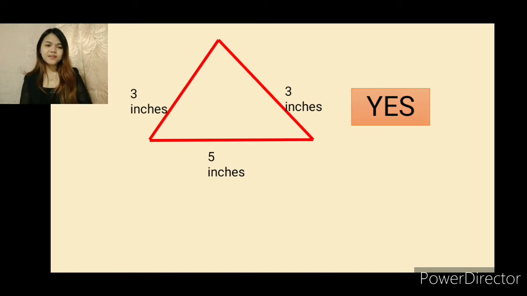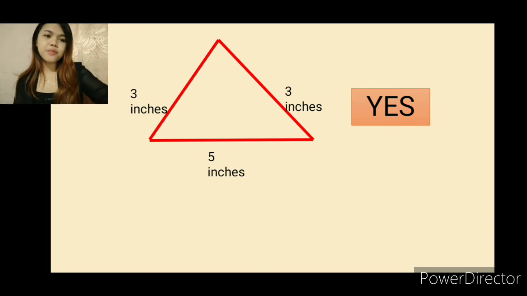Very good, that's correct. Group 3, how do you compare the two shorter sides with the longest side? Like group 1, it is also greater than the longest side. Very good, correct.